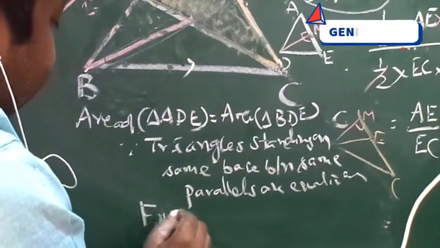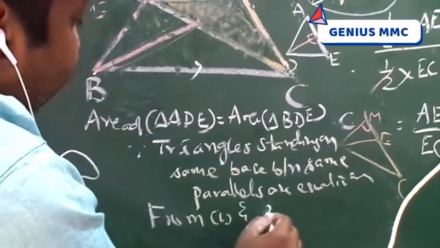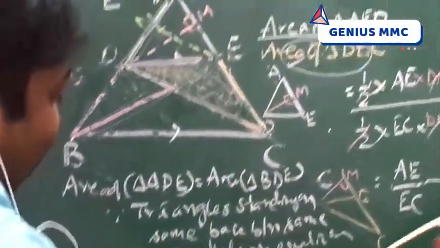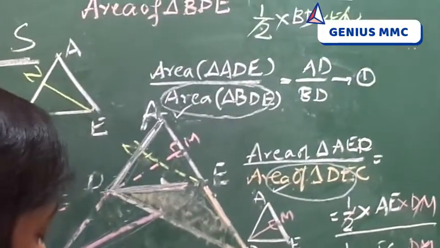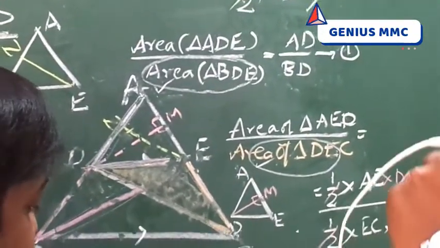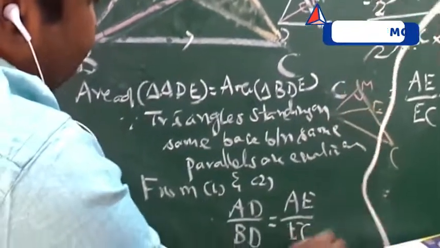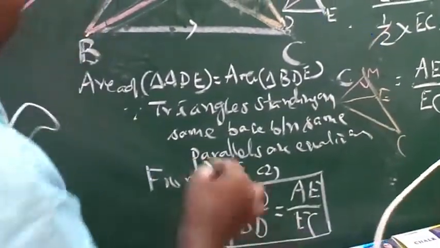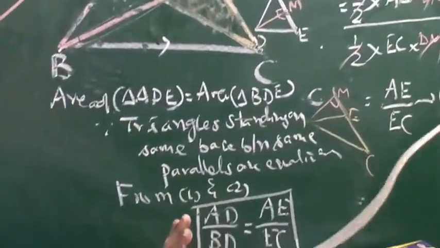Therefore, from 1 and 2, what is the RHS part? AD by BD is equal to AE by EC. Hence the theorem is proved.